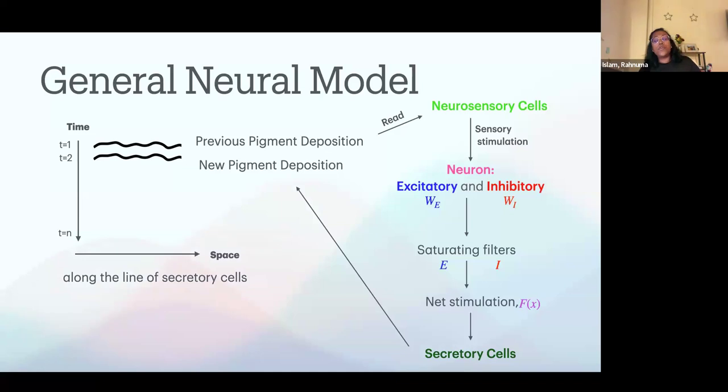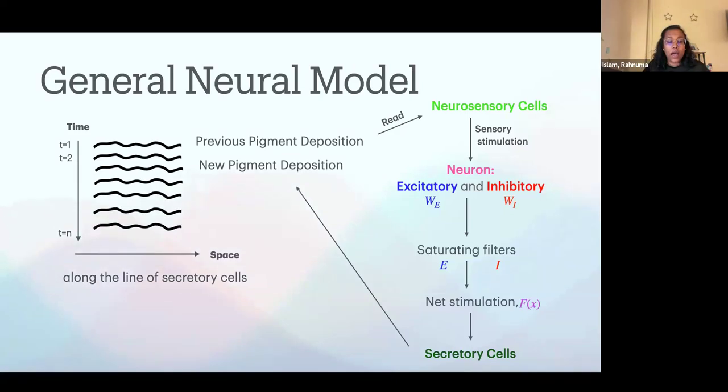This process repeats again and again, and we use P(x, t) to denote the pigmentation that happened at time t at location x.